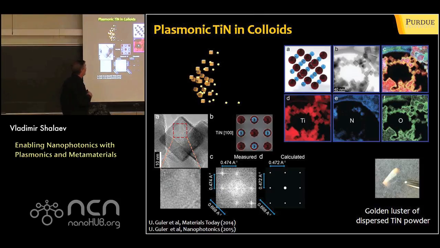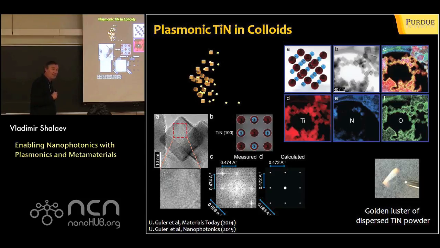But is there any simple way to make these colloidal titanium nitride particles? Remember I mentioned gold, silver. Coming back to Faraday's time, they did it by using a reduction reaction. It turns out it's very easy to make titanium nitride colloidal particles, and we demonstrated that. You just buy titanium dioxide particles, for very cheap, next to nothing.